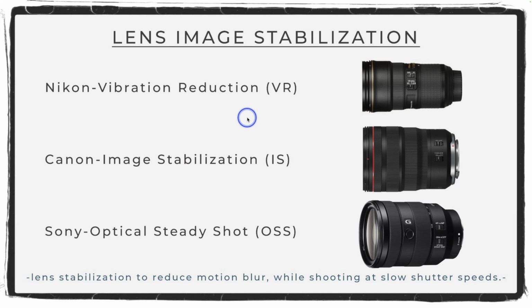This stabilization is used to reduce motion blur while shooting at slow shutter speeds. If you're shooting with a longer lens, right? Let's say we're shooting with a 200. Well, 60th of a second handheld will work for a portrait, but you know what?